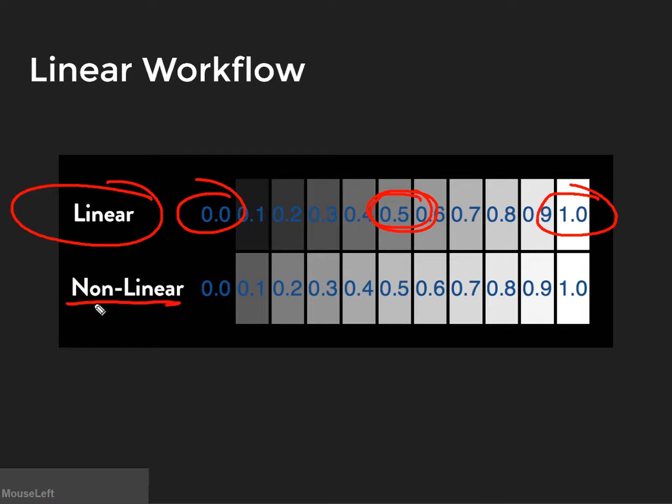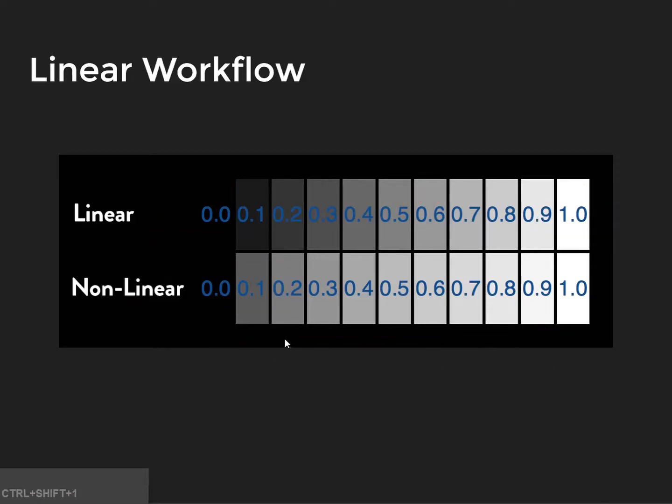But if we look at nonlinear here, the gray value gets shifted all the way down here because this whole thing is being crunched back and forth, right? So our monitors, for whatever reason, the way they originally were built, have a gamma curve. And we don't deal with this problem very much inside of Photoshop or a lot of other programs like After Effects, because those programs don't do a lot of ray tracing.